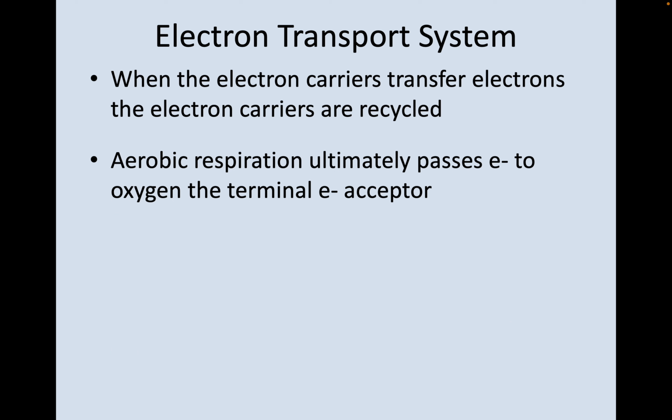When the electron carriers transfer electrons, the electron carriers are recycled. So the NADH becomes NAD+, and FADH2 becomes FAD. Aerobic respiration ultimately passes electrons to oxygen, and oxygen's the terminal electron acceptor. That's where those oxidation and reduction reactions stop.